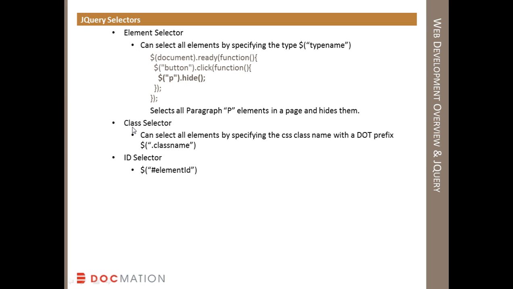Similar to the element selector, you also have a class selector in jQuery. Class selectors always start with a dot prefix. So let's say I have 5 paragraph tags in my HTML page, and 2 of those paragraph tags use a CSS class, a style sheet class called, let's say, test.